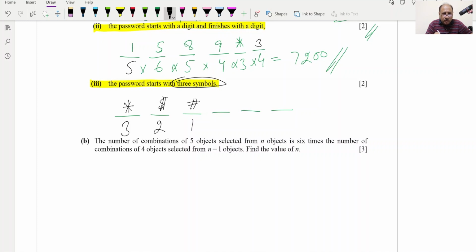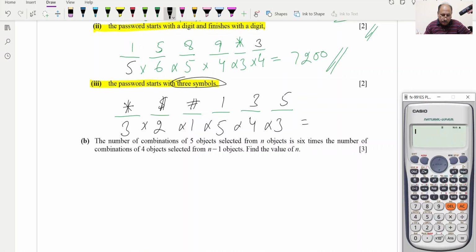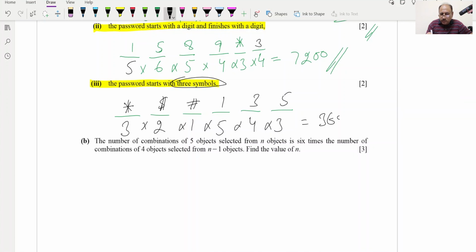There are a total of 5 digits. If we take 1, it will have 5 options, the next will have 4, and the next will have 3. We multiply these: 3 multiplied by 2 multiplied by 1 multiplied by 5 multiplied by 4 multiplied by 3 is equal to 360. So the answer will be 360. This is a 2 mark question which we are done with.